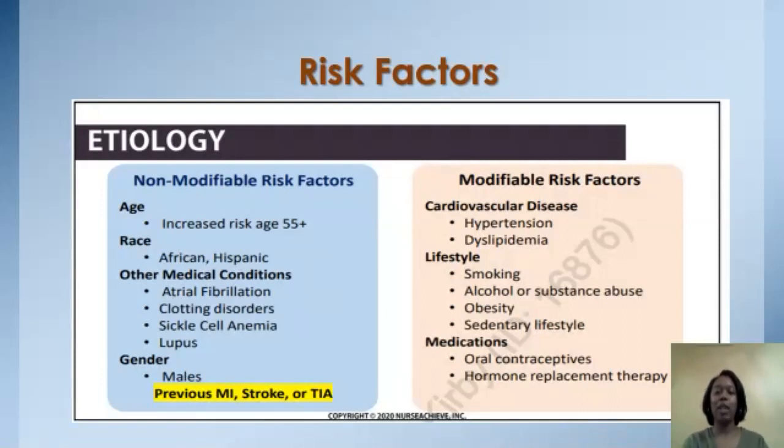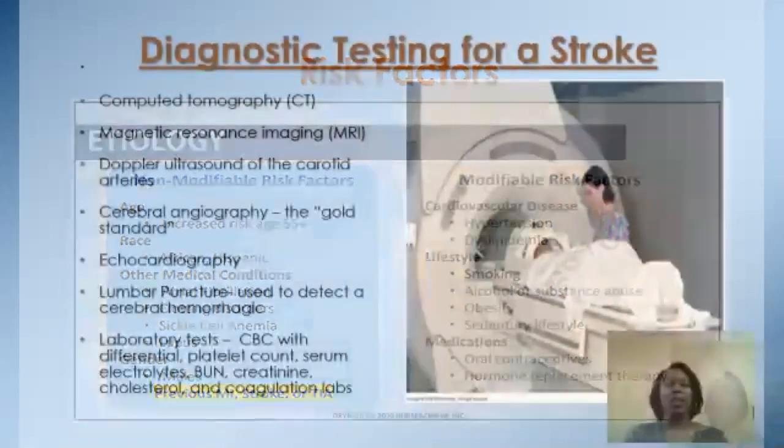And sometimes certain medications place a patient at higher risk for a CVA. So birth control pills or any type of hormone replacement therapy will place an individual at a higher risk for a CVA.